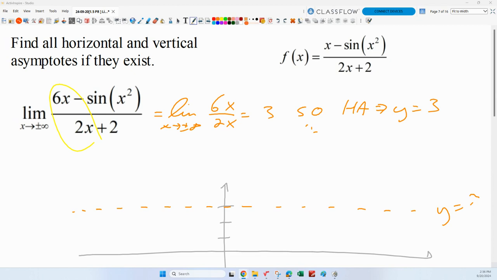Well, if I plug -1 into the top, I am guaranteed not to get 0, because -1 times 6 is -6, minus the output of sine, which can only swing between -1 and 1, so that could never drive the top to 0. So yes, we are guaranteed to have a vertical asymptote at -1.